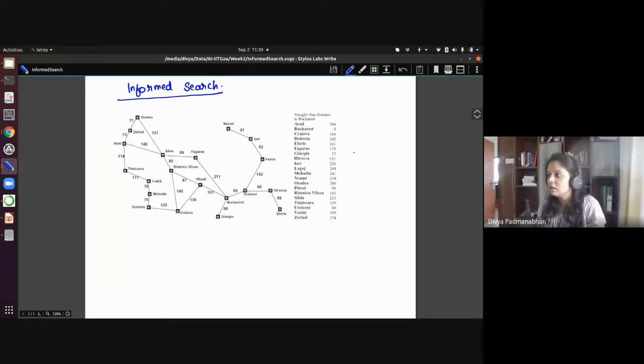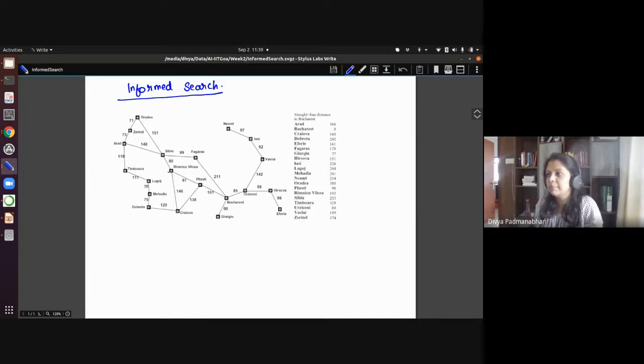So what I've just taken here is an example from the Russell Norvig textbook. Here the problem is a navigation problem. It's a map, right? These are all places, and you want to get from one place to another.